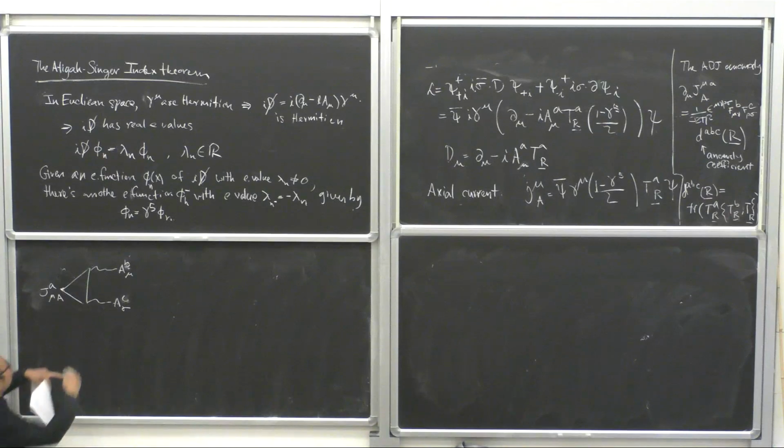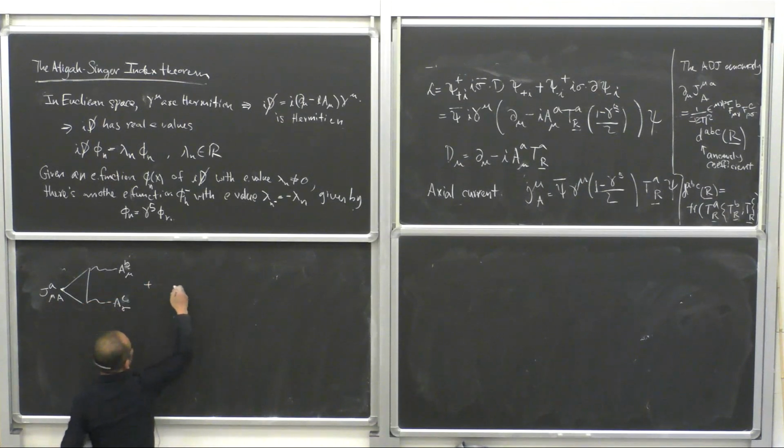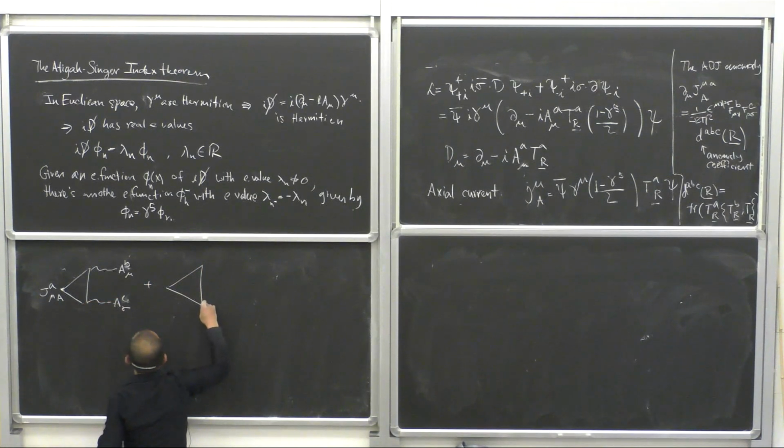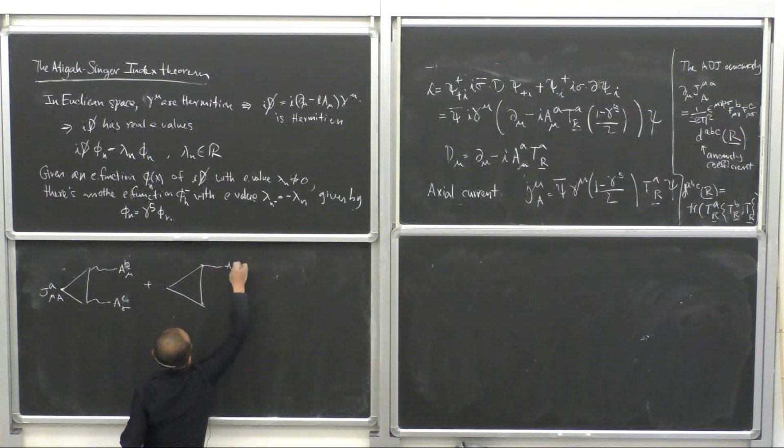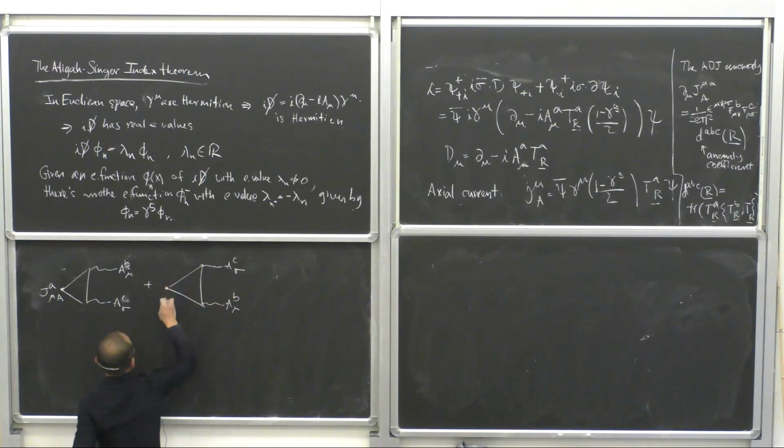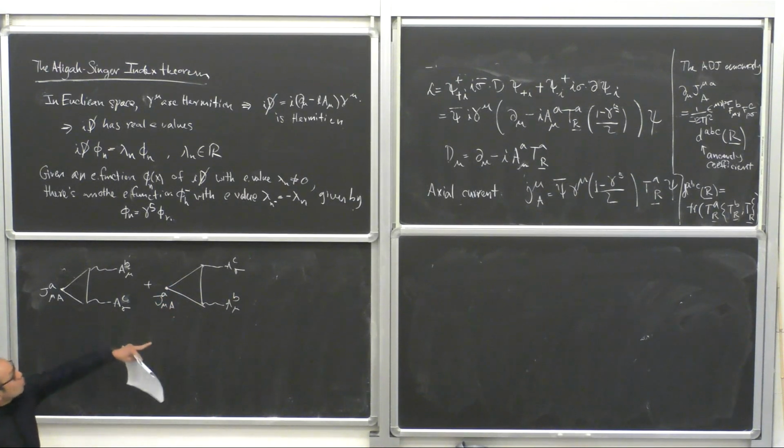Okay? And you swap these two legs. So this becomes A_sigma^C, A_mu^B, and then the same J. Okay? The sum of these two diagrams will give the right hand side there.